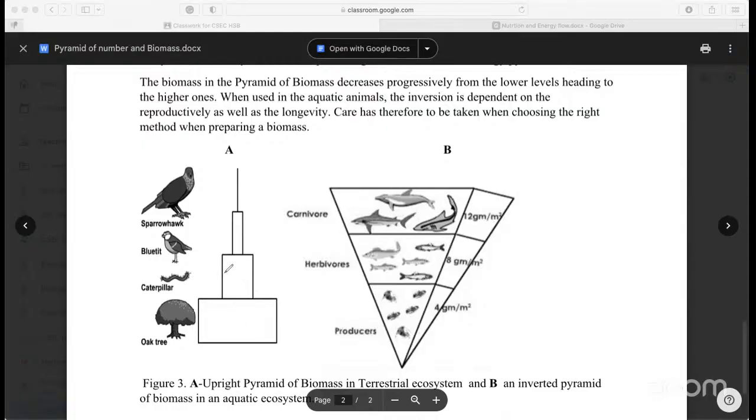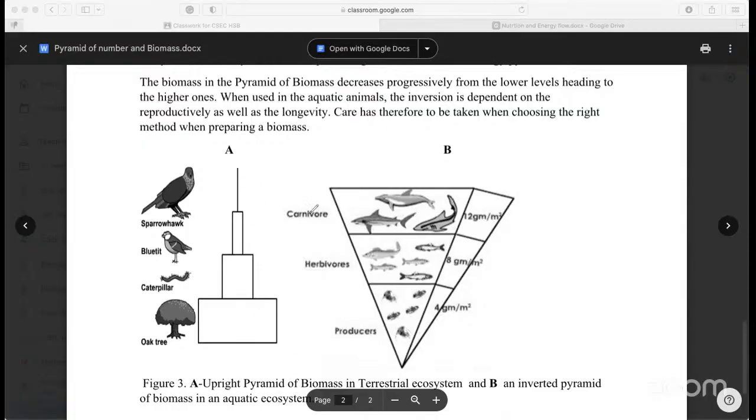And then we have the caterpillars. Though they may be smaller than the bird, the amount when you multiply it by the mass makes it a greater amount. Then we have the birds, and then we have the top tier consumer. So this is an upright pyramid. Please remember, upright pyramids have regular shapes like this.